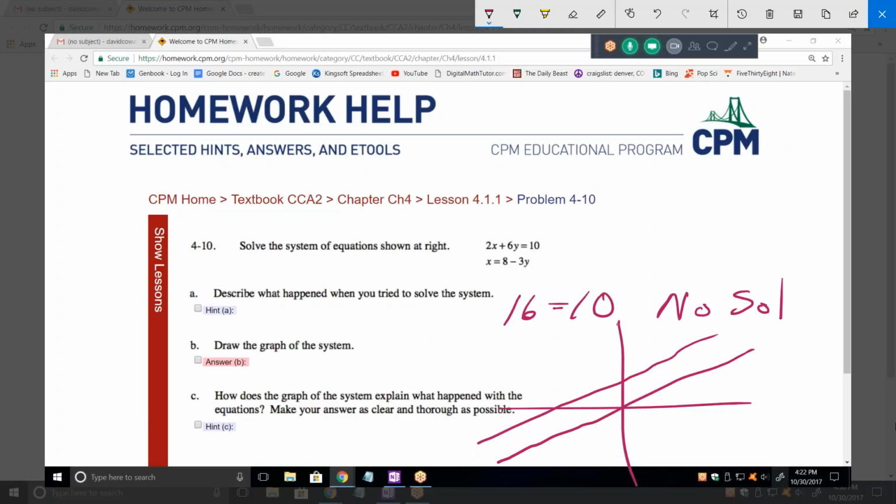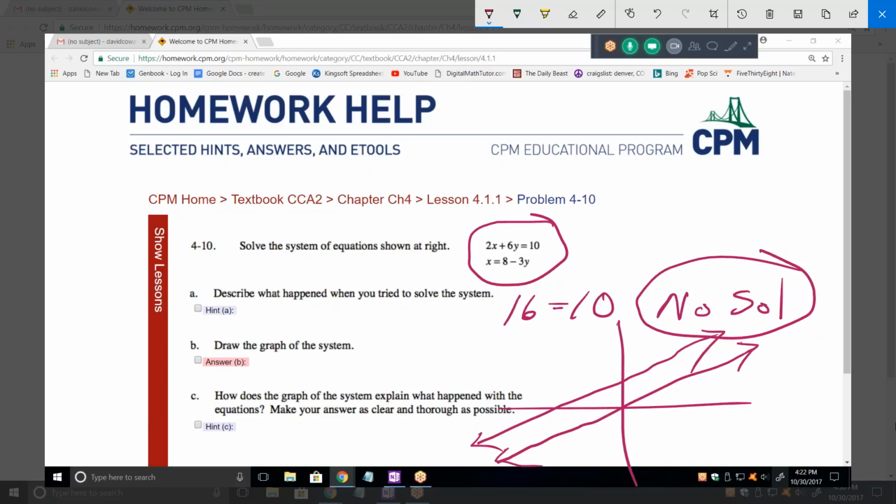And that kind of makes sense with no solution, right? The solution to this system of equations is where the two lines intersect. Well, parallel lines never intersect. I can go to infinity in both directions and they're never going to cross.